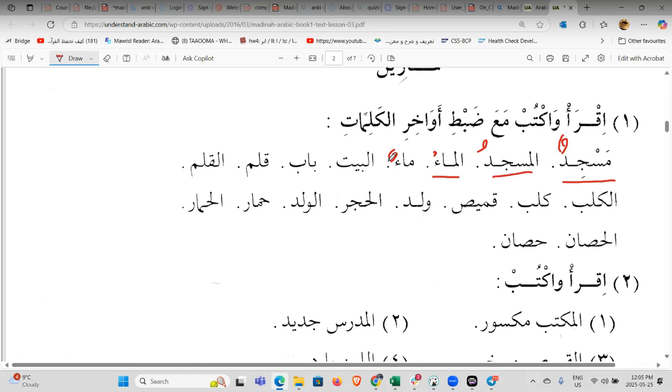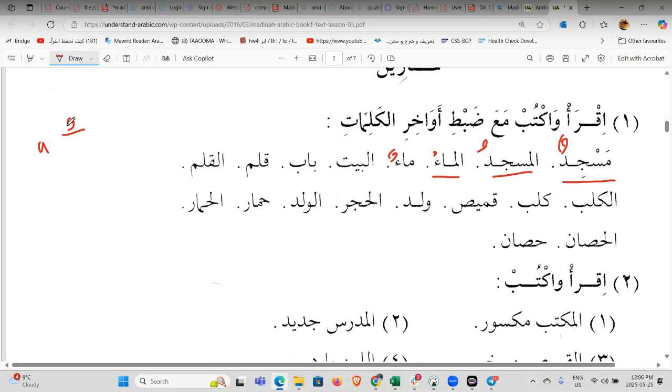This one, it has to have the tanween because there's no alif and lam. That's what they're testing here, basically. If you see alif and lam, no tanween. If there's no alif and lam, you add tanween. Okay? Tanween is like a in English. So this is what the tanween is.